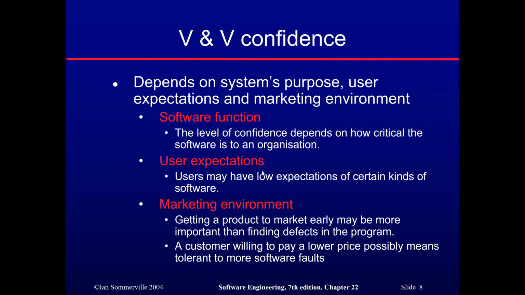User expectations is another factor that determines the level of confidence. Users may have low expectations of certain kinds of software. If it's game software, for example, the user expectations may not be as high as for a safety critical system.